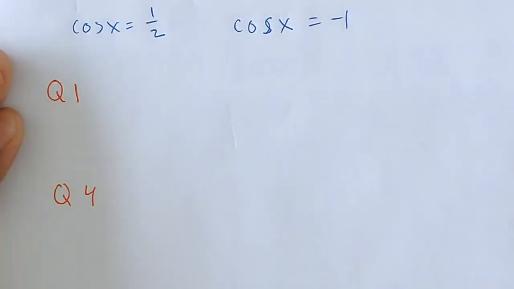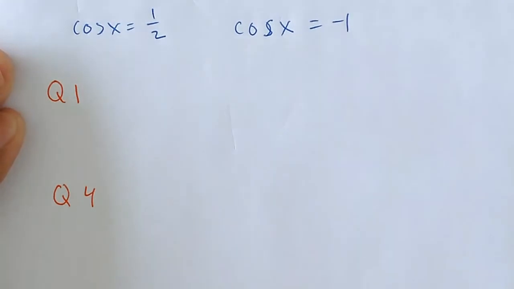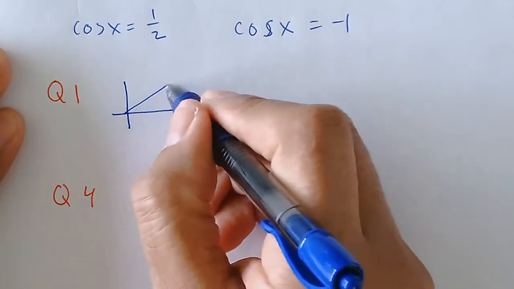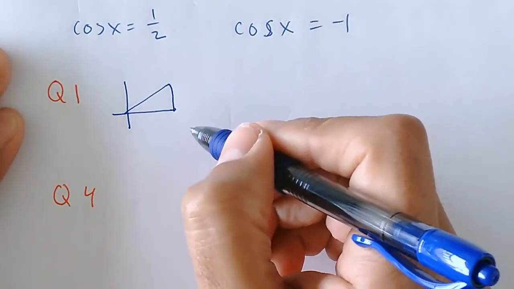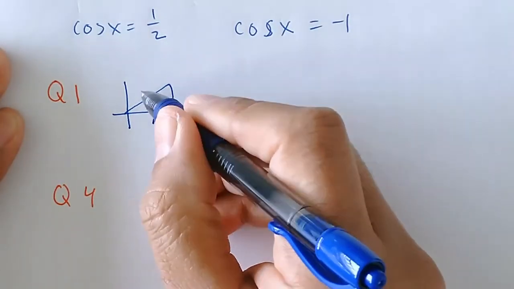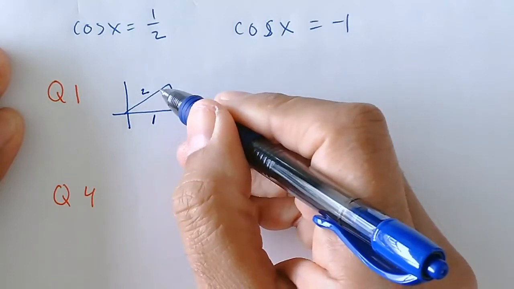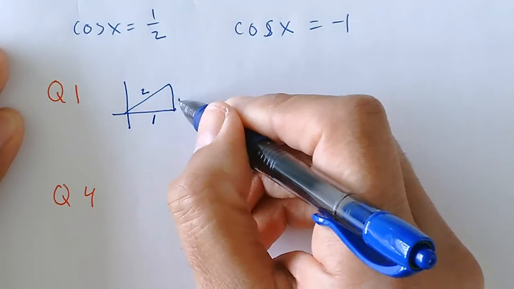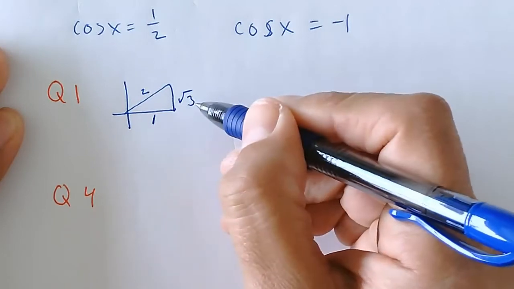Cosine is adjacent over hypotenuse. And I know that this is a special triangle. And I know that this angle will be 60 degrees. I gotta convert that to radians.